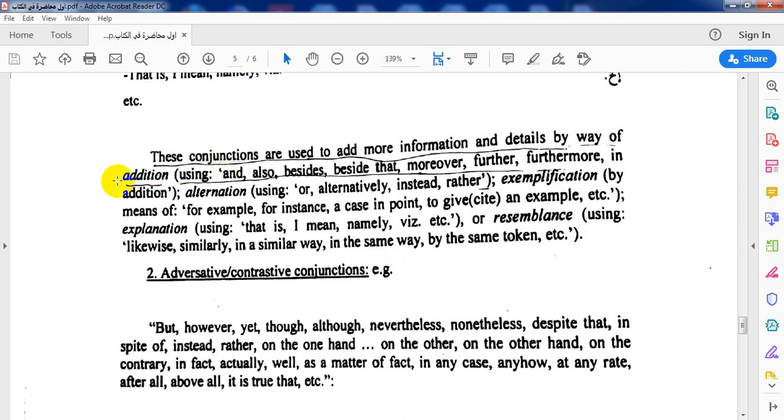So these are the functions done or made by using additive conjunctions or connectors.